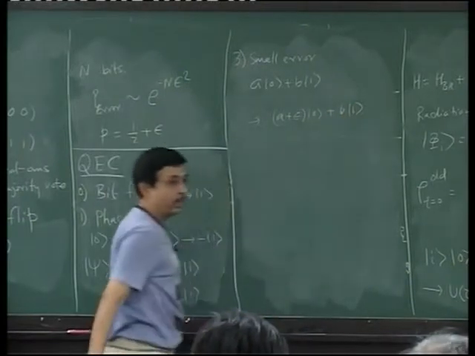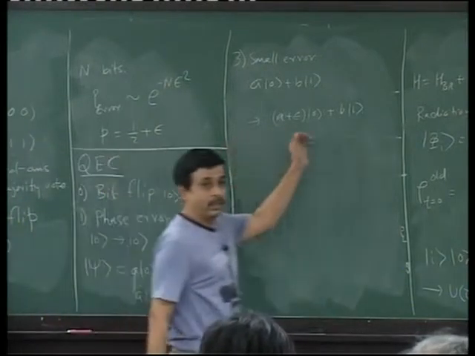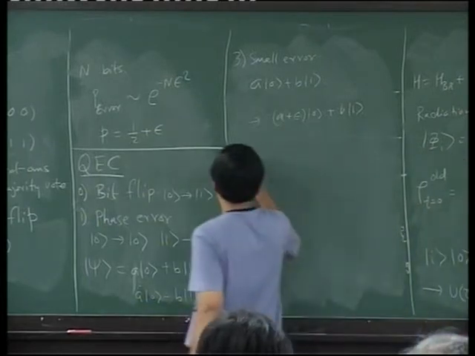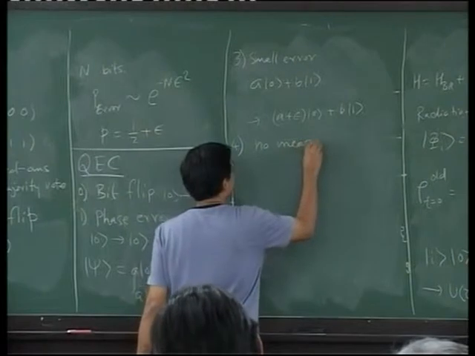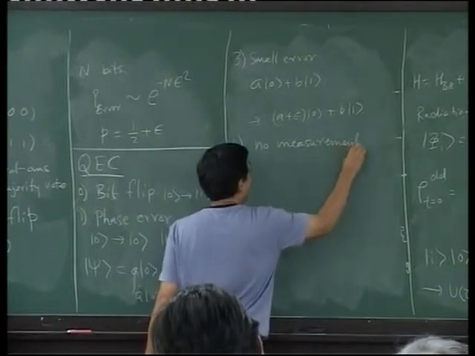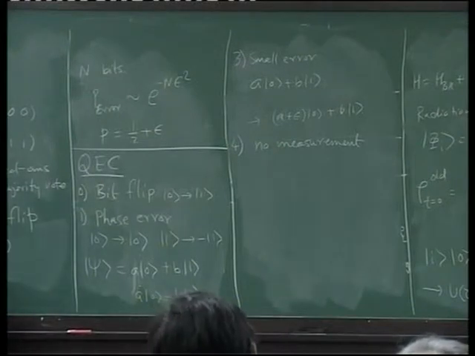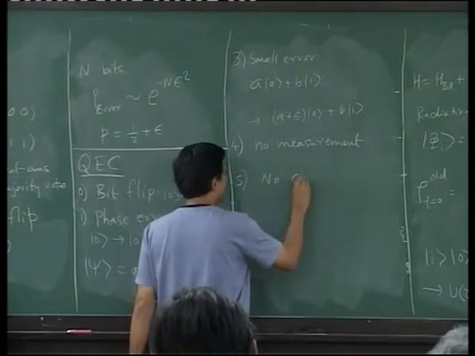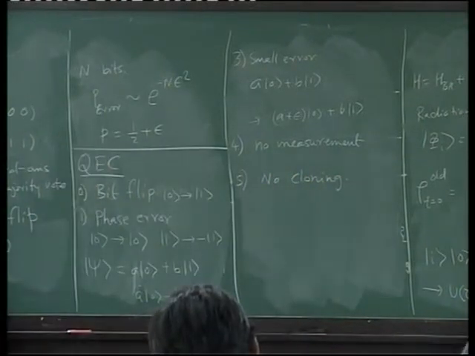It could be b minus epsilon also, but anything of that kind, there is a small change in that parameter. The fourth problem is no measurement. That means if you disturb the system, then of course you cannot store the data. And the fifth thing is no cloning. So you cannot even clone the data, unlike what you did in the classical system.